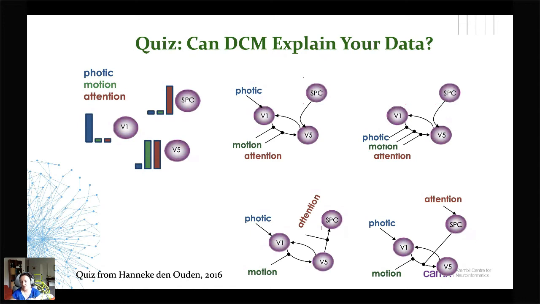Could be an empirical choice, but it's not necessarily a principled choice, because one could assume that the effect of the self-inhibitory connection on gain is driven through the connection with another brain region. But the fact that we have these self-inhibitory effects across all sources, that is based on biology.